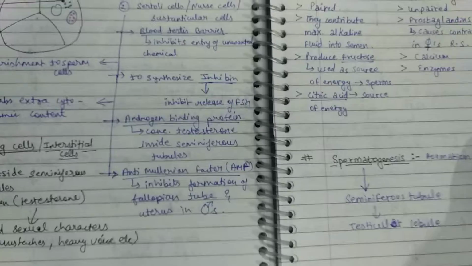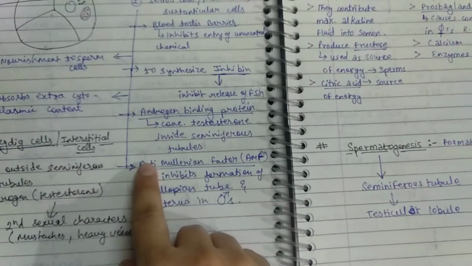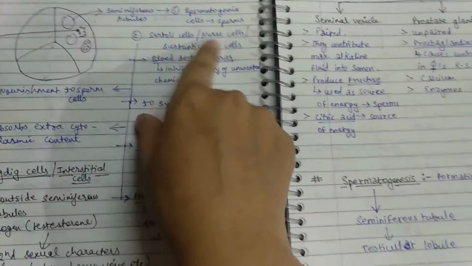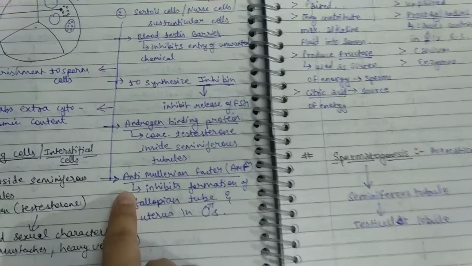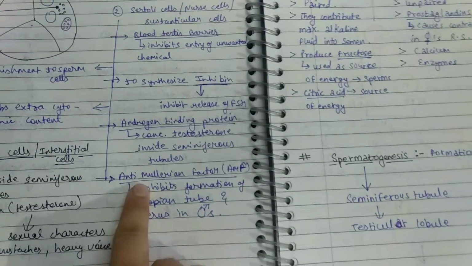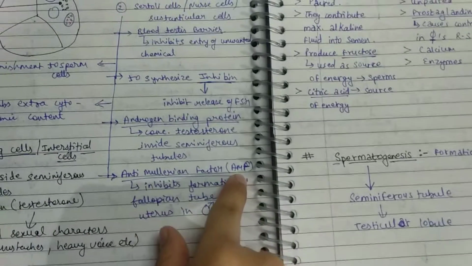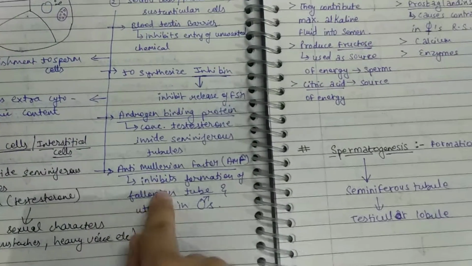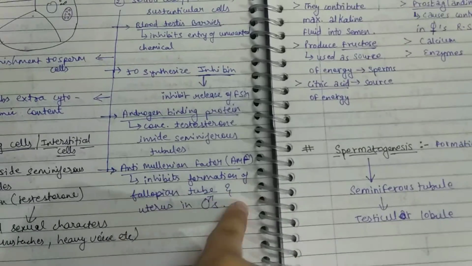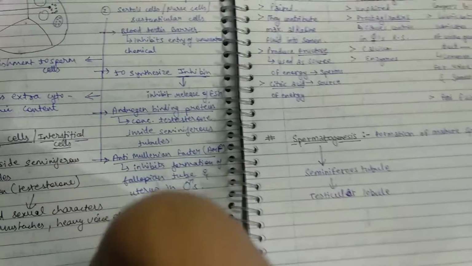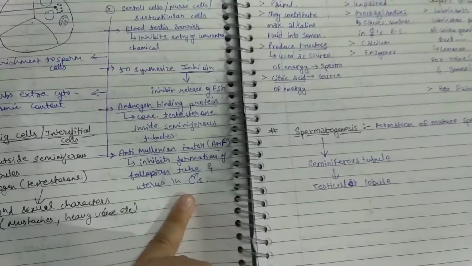I'm sorry, guys, I forgot this point. So yeah, the Sertoli cells also release a factor, the anti-Mullerian factor, AMF, that inhibits the formation of fallopian tubes and uterus in the male reproductive system.